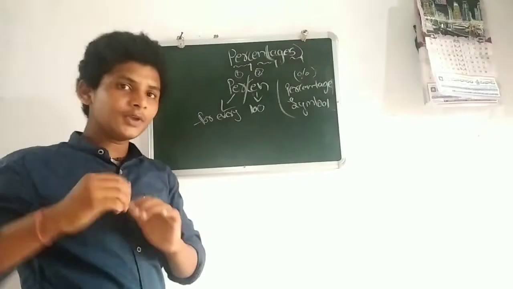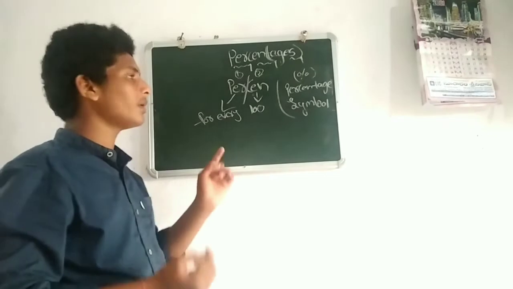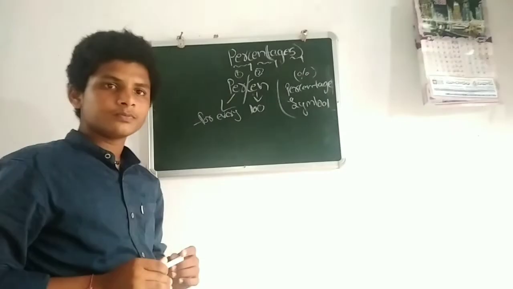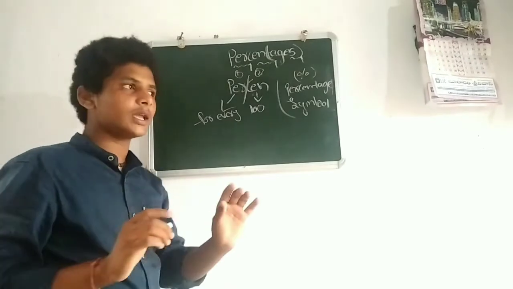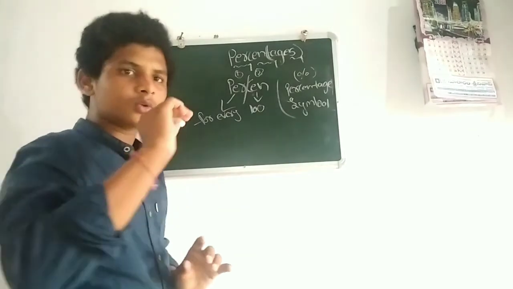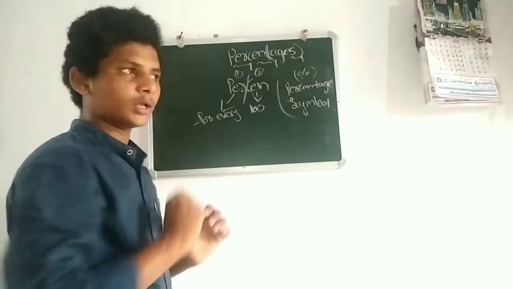Where do we get percentage and where do we see percentages? What is the use of percentage? For example, on one occasion such as Dasara, I went to a cloth shop and I wanted to buy a cloth.